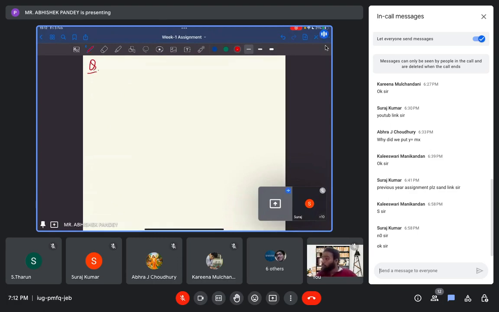So the next question is: let f of x comma y comma z be x square plus e power y upon z by 4 plus 2. We have to find the range of f. First, let us see whether this function attains 0 or not.